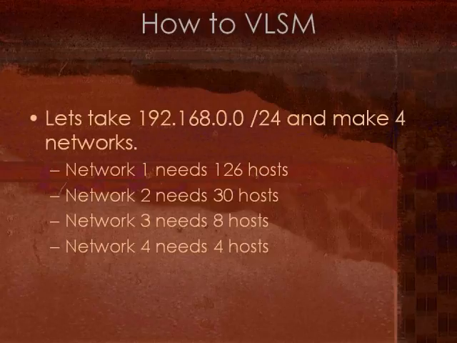Now remember, the subnet mask of this is 255.255.255.0, and that's represented by the /24. On each network, we need this many hosts. On the first network, 126 hosts. On the second network, 30 hosts. On the third network, 8 hosts. And finally, on the fourth network, 4 hosts.